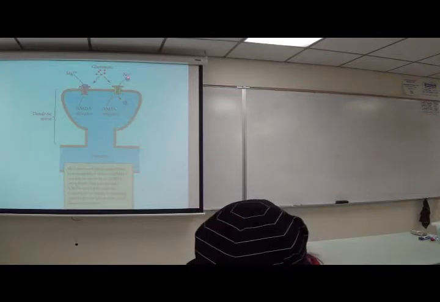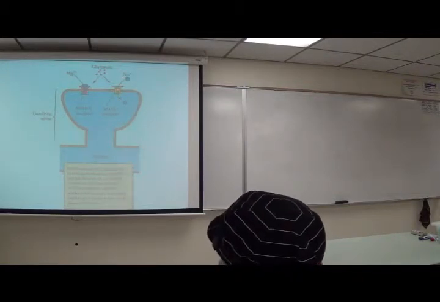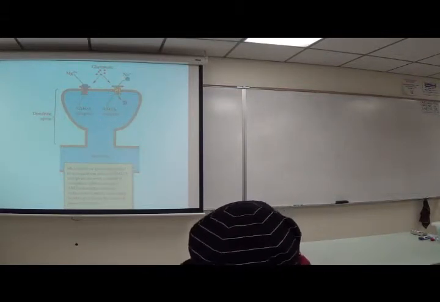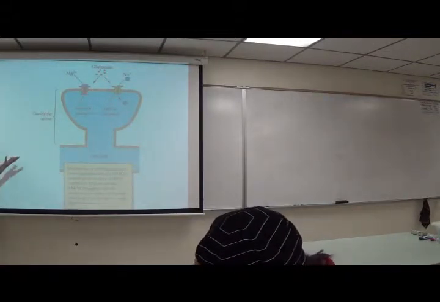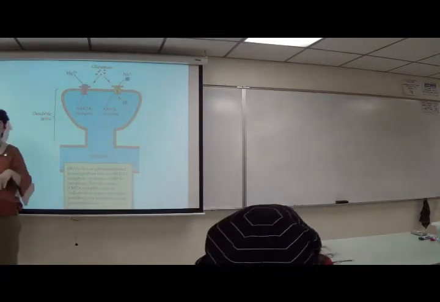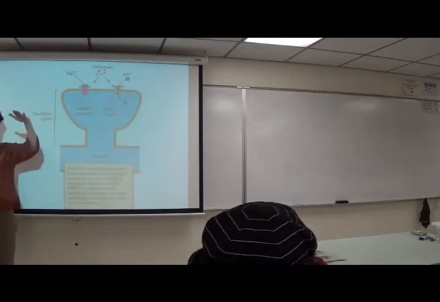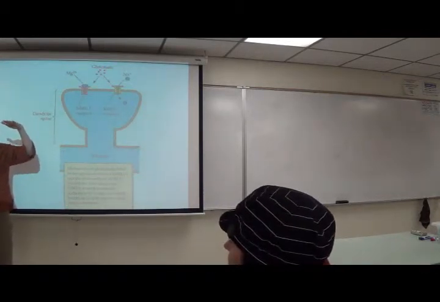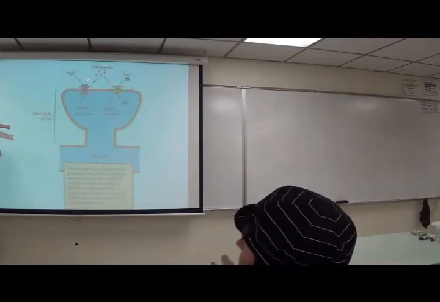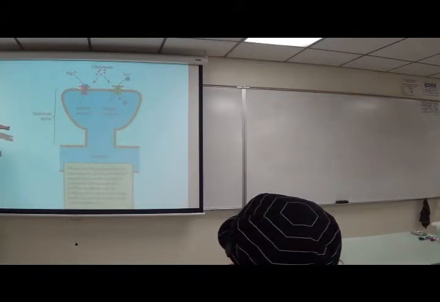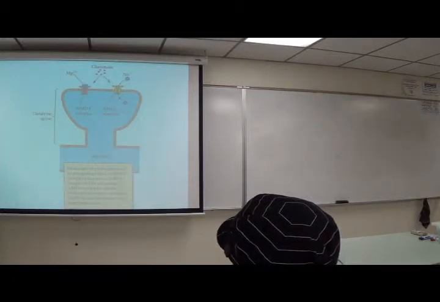So when glutamate binds to both of them, the AMPA channel will open and allow sodium into the cell. What's going to happen to the resting membrane potential? It's going to go more positive, and then it's going to remove the magnesium from the NMDA channel, and then finally calcium can come in through the NMDA channel.